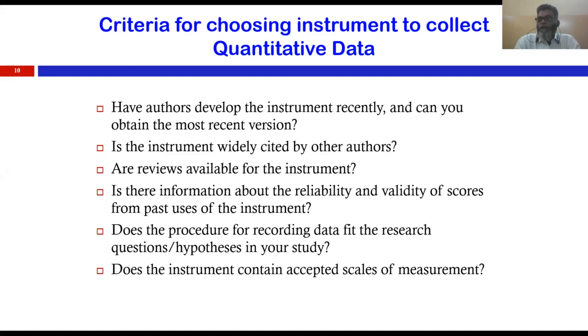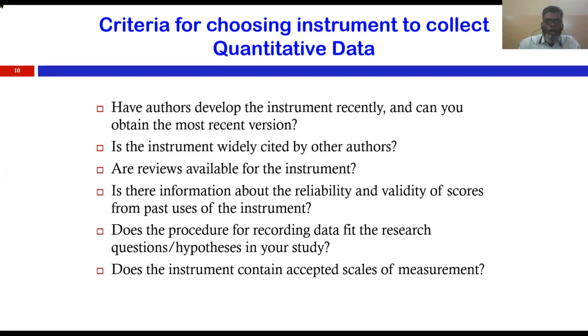Does the procedure for recording data fit the research question and hypothesis in your study? Does the instrument contain an accepted scale of measurement? So this indicates that when you are collecting quantitative data, we use the most popular instrument, the most popular experiment done by other researchers, for example that model, and we will try to use it for our own research.